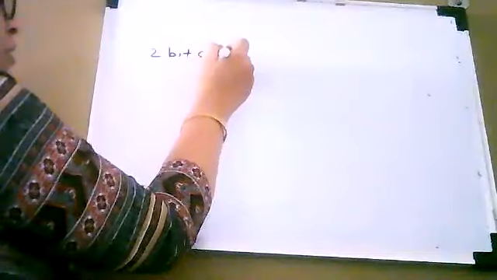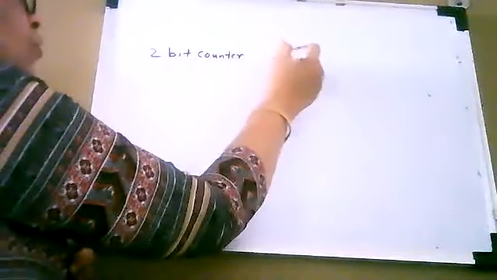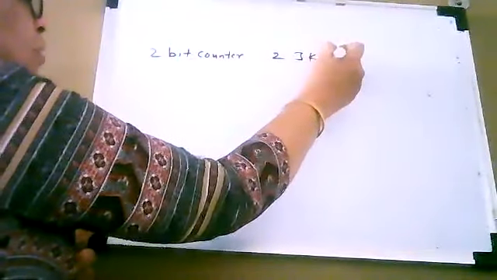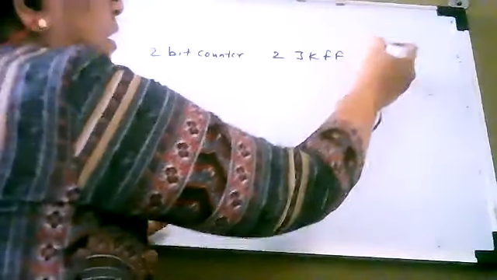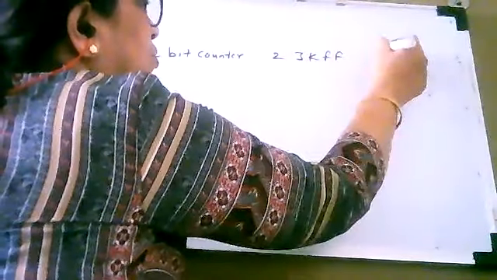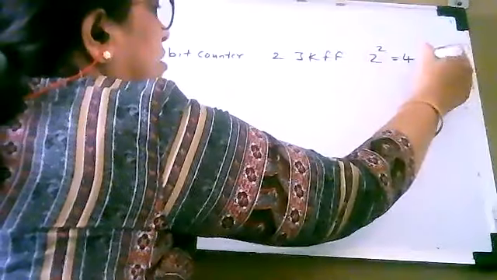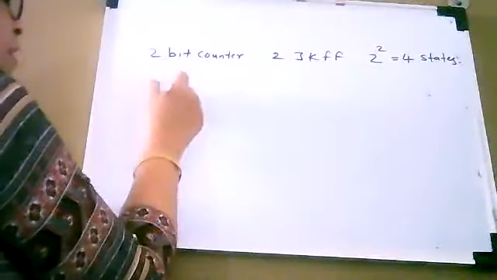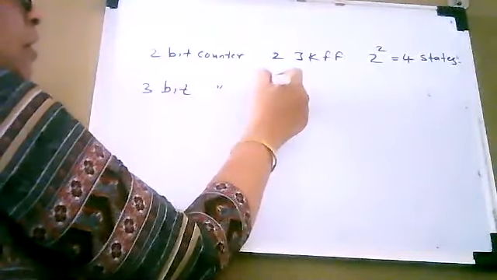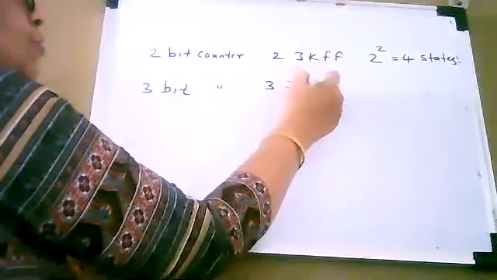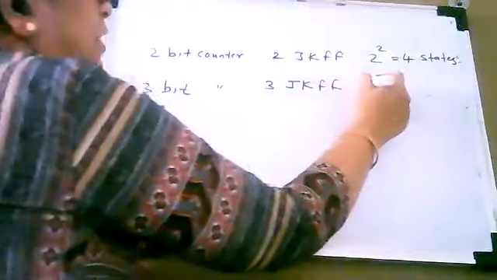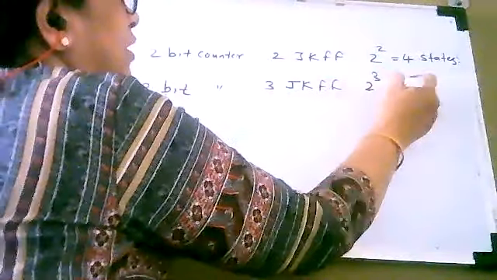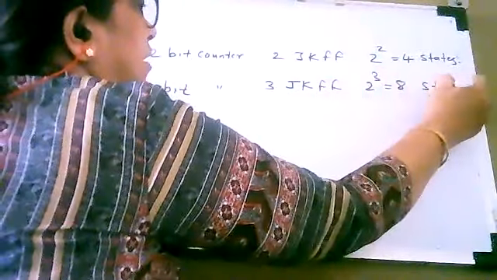So a 2-bit counter will require 2 JK flip-flops in toggle mode actually, and 2 raised to 2 equal to 4 states it can count. Okay, a 3-bit counter has to use 3 JK flip-flops and it can count 2 raised to power 3 equal to 8 states.